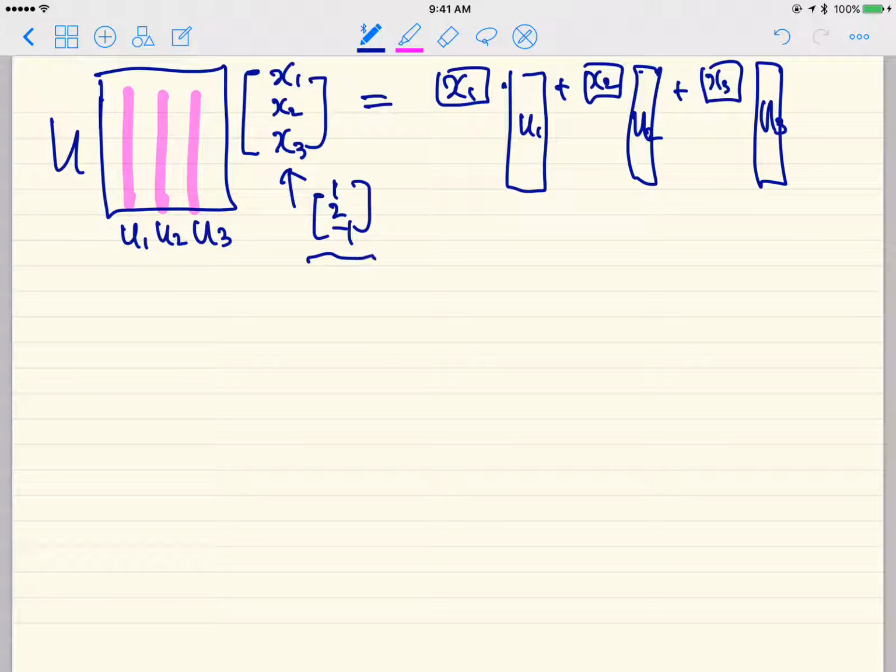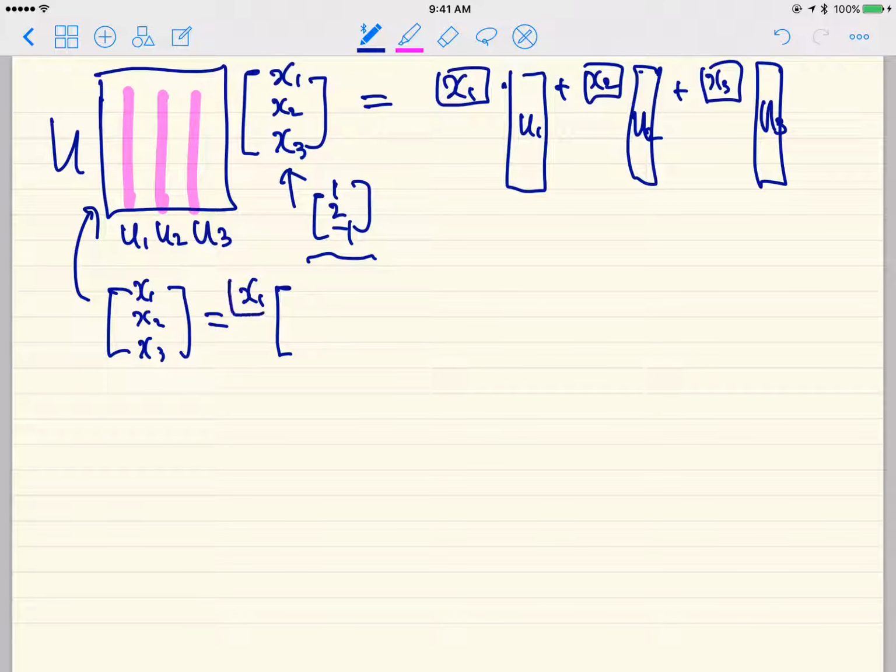Let's also represent the original vector x1, x2, x3 similarly to this. So I'm going to change the representation of it in this manner.